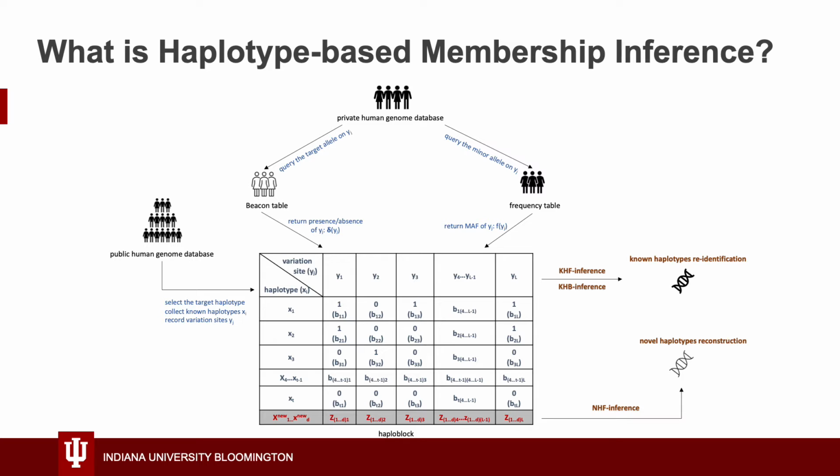The private human genomic database provides summary genomic data to the attacker, either in the format of allele frequency or allele existence. By applying our method, we could either identify known haplotypes or reconstruct novel haplotypes.